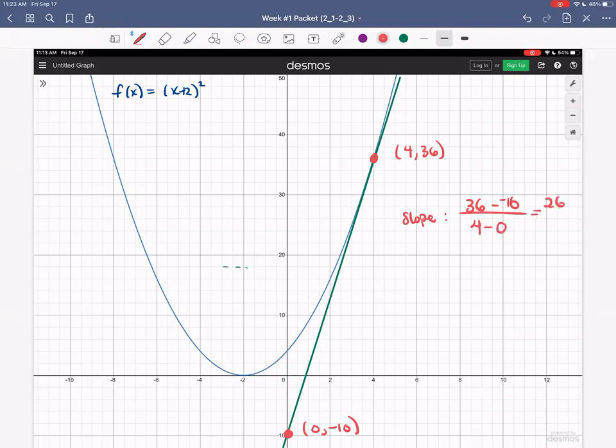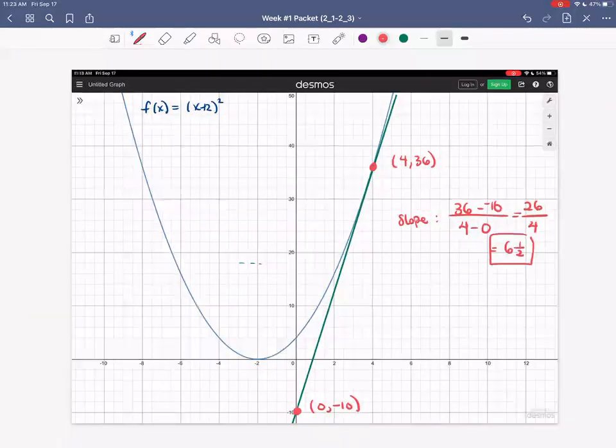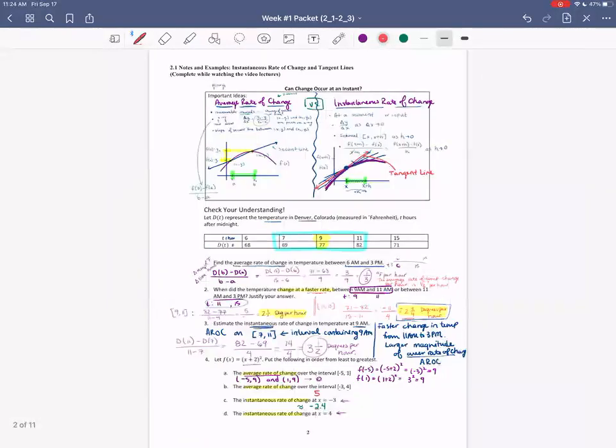So we get 26 in the numerator, 4 in the denominator. And when we simplify here, we get precisely 6.5. So the instantaneous rate at x equals 4 is 6.5.